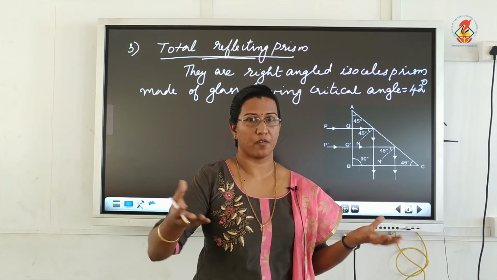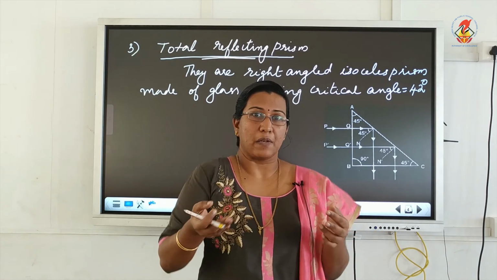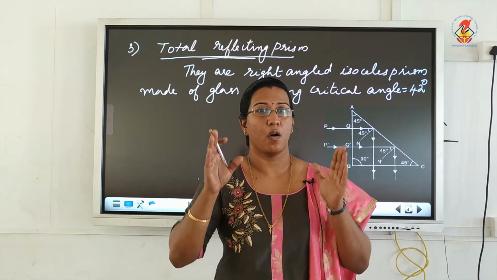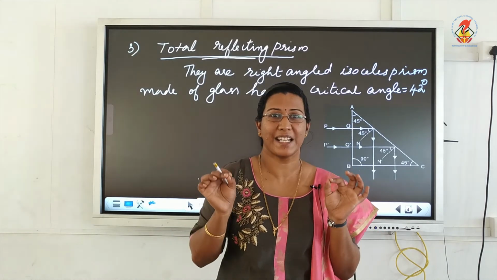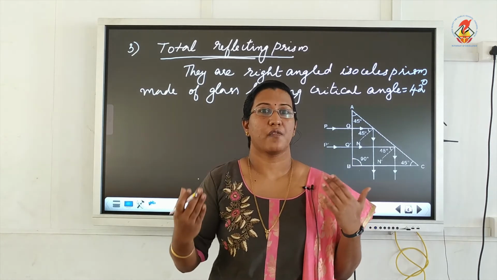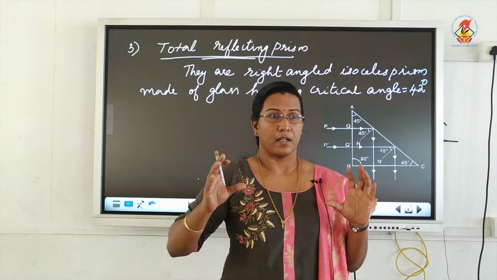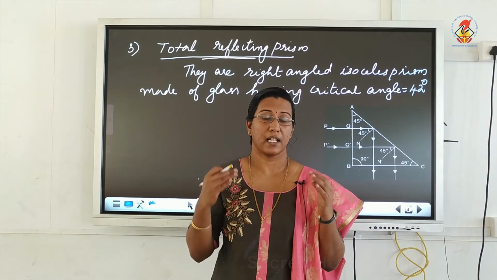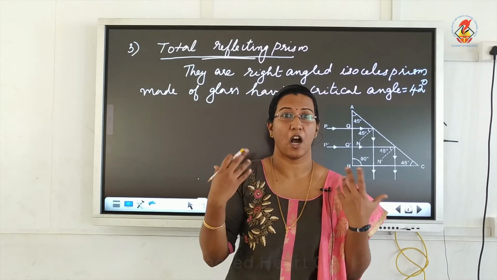So the critical angle of the TIR prism is 42 degree, and when the light enters the prism through any of its faces, it will be incident on the face in such a way that the angle of incidence will always be 45 degree, which is greater than the critical angle, and total internal reflection takes place. Depending upon the way we orient the prism, there are three ways in which we can obtain the output rays.